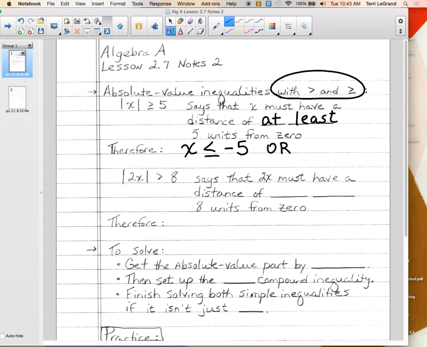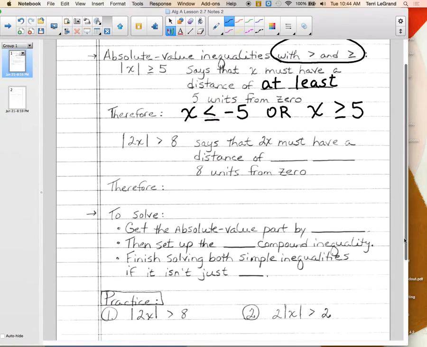What about 5? X is greater than or equal to 5. Starting at 5, and anything bigger than 5, those are all at least 5 units away from 0. So this is an OR situation. We have those starting at negative 5 going to the left, and these starting at positive 5 going to the right. That's an OR. So there's our compound inequality we would set up for that type.